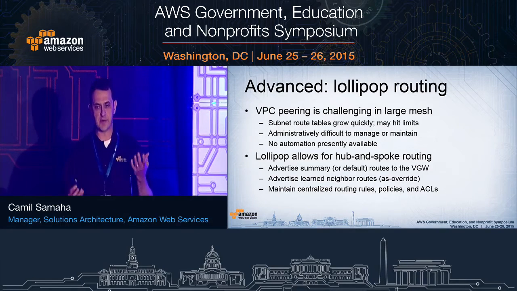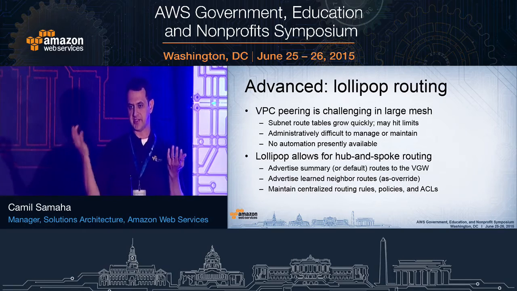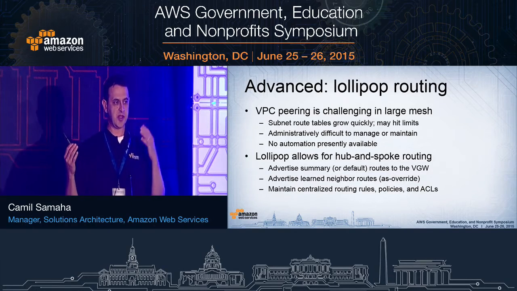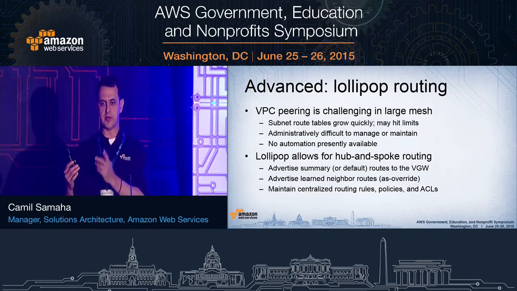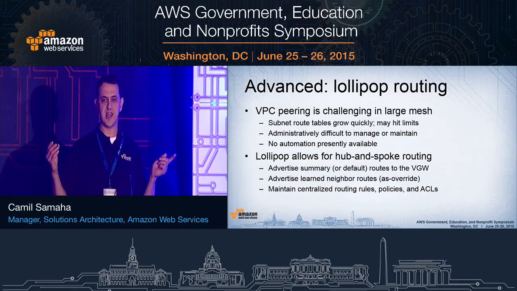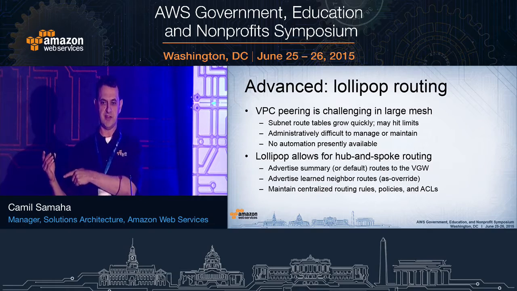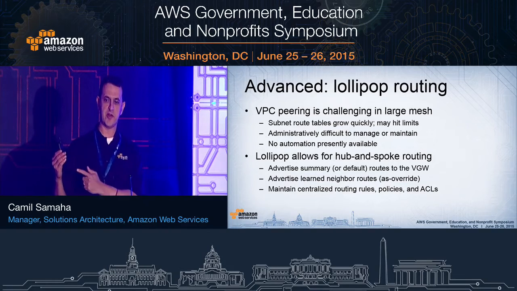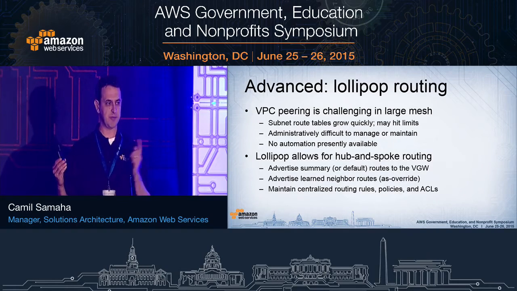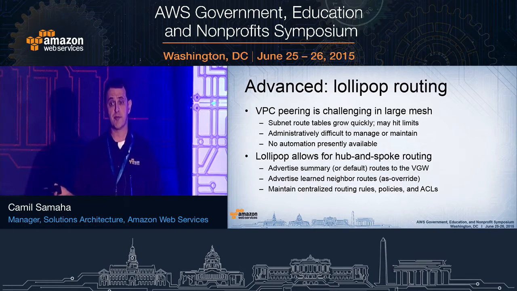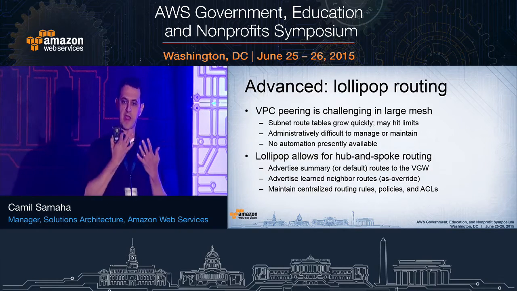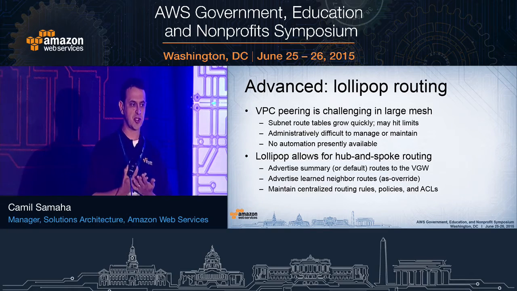And what that means, if you have 3 VPCs, A, B, and C, and you set up a peering relationship between A and B and another one between B and C, it does not mean that A can talk to C. You have to set up another peering relationship between A and C. As you can imagine, if you have a large number of VPCs and you start establishing that mesh, that can get quite complex.